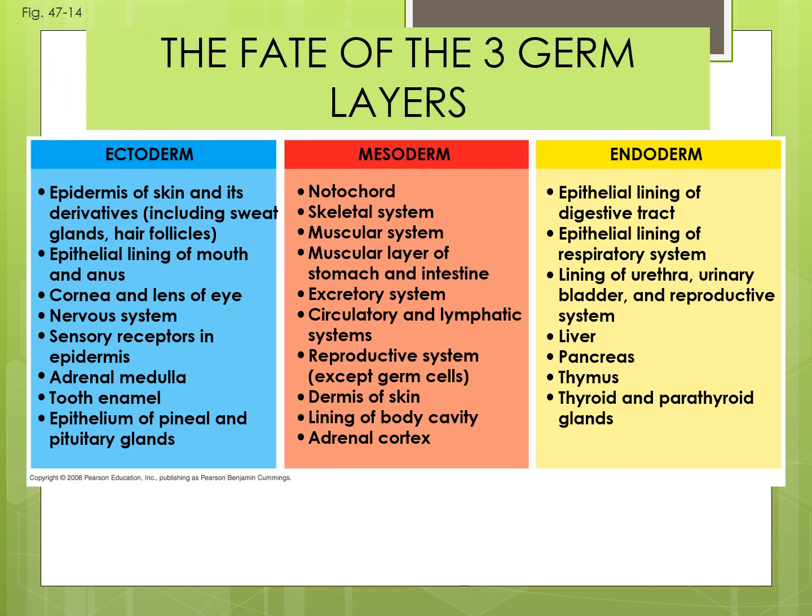And on this slide, we can see all of the structures and organs that develop from each of your layers. For example, your ectoderm will give rise to tooth enamel, for example, and your endoderm will give rise to your digestive tract.